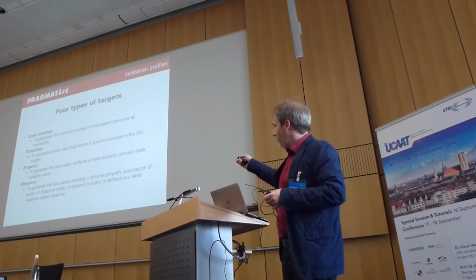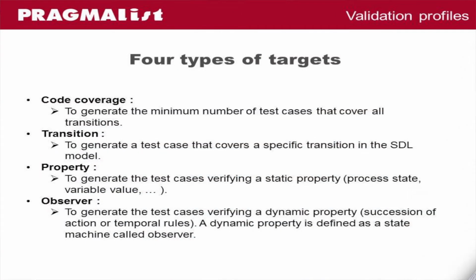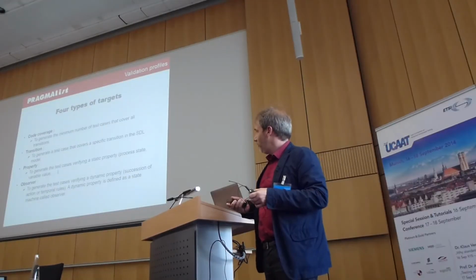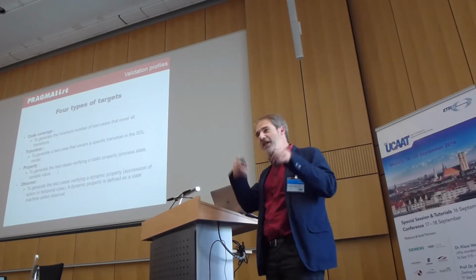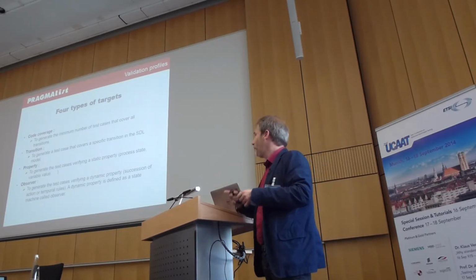Okay? As I said, we have different types of targets. The simplest one is code coverage. And for that feature, it not only generates all the test cases that will cover all the transitions, but it reduces the number of test cases. So it's like the minimum number of test cases that will cover all transitions.